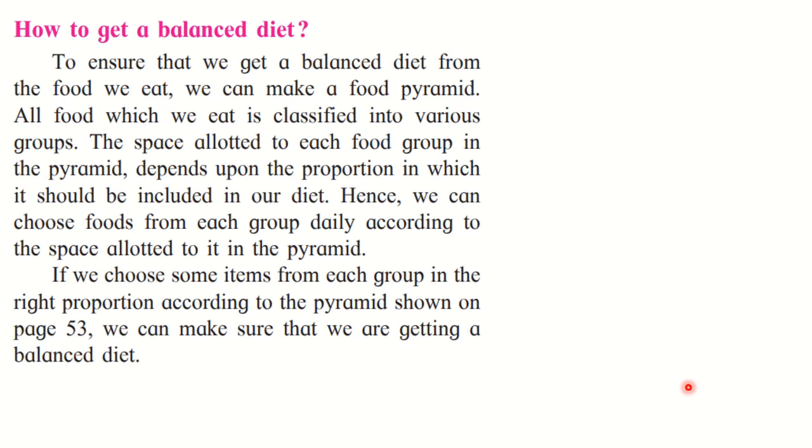Means whatever we have seen, all the food which are classified into various groups. Okay, so the space allotted to each group can be very easily understood by the food pyramid which is given in your textbook.